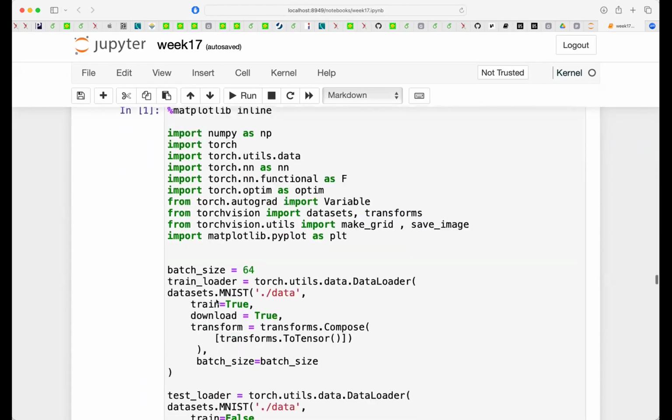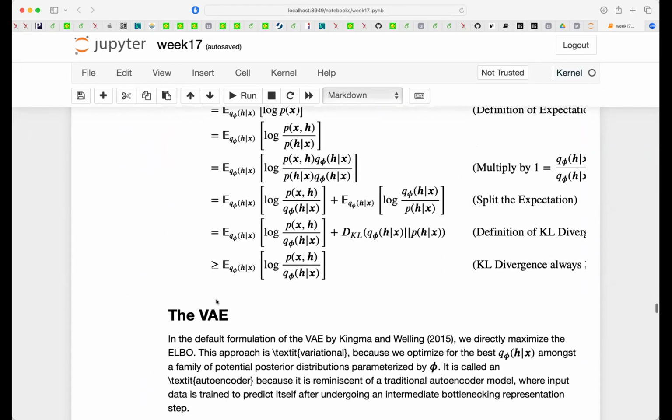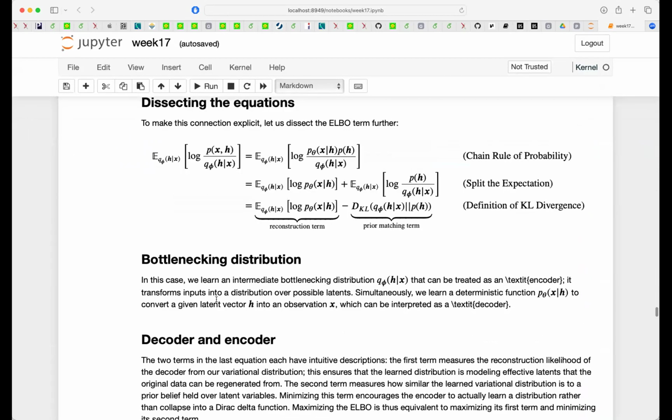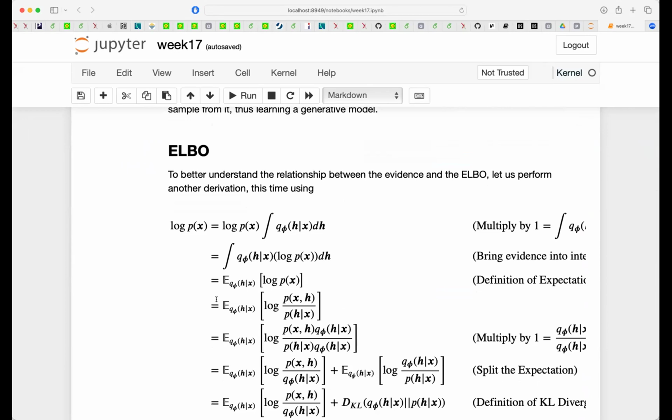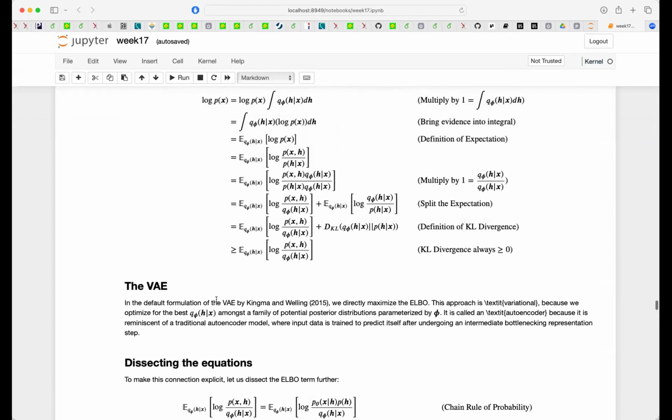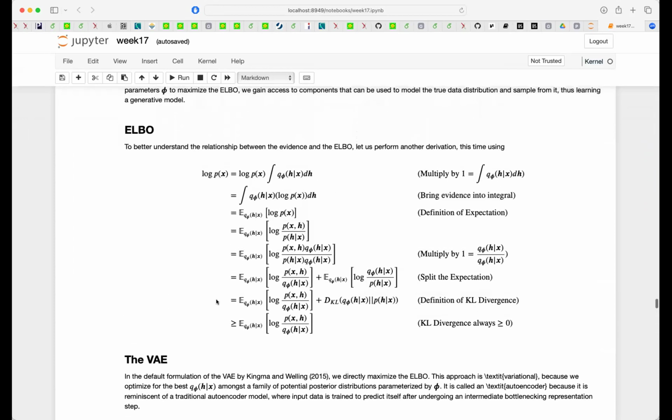So if we scroll down, we have these equations which you see here. Let me squeeze them down a little bit. So if you look at the equations, what we optimize is this quantity here, log P of x. That's the one we want to calculate the derivatives of. And in this case, what you have is a series of manipulations.